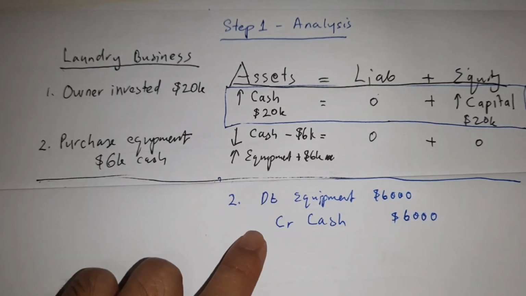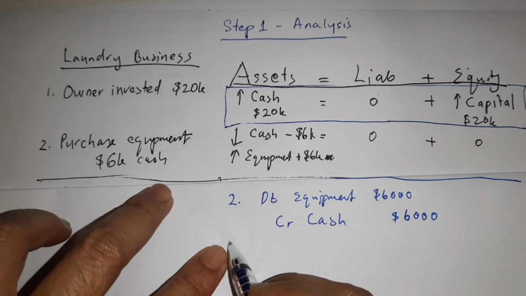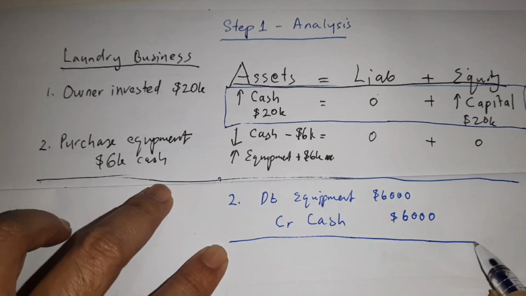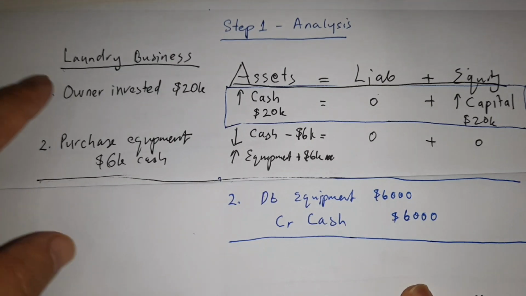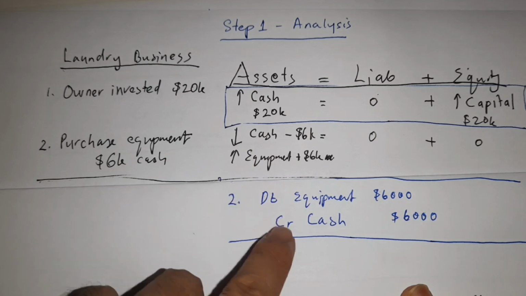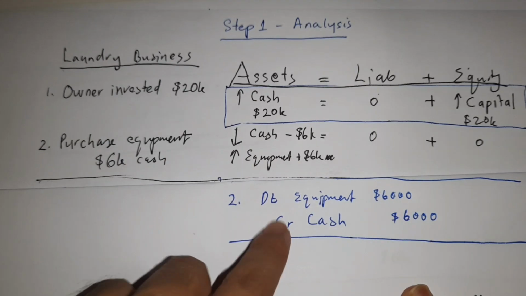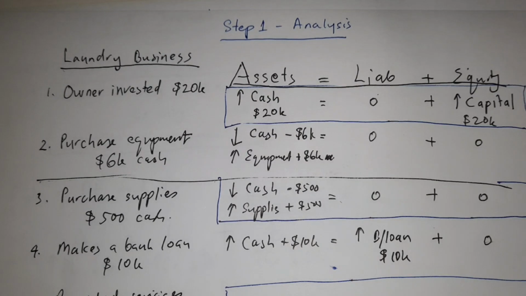Okay, see here. This is the second step in the accounting cycle. Done. So the thing is, every time a transaction happens, you analyze and then you record in the journal. That's the flow. Okay, now we see the third transaction.